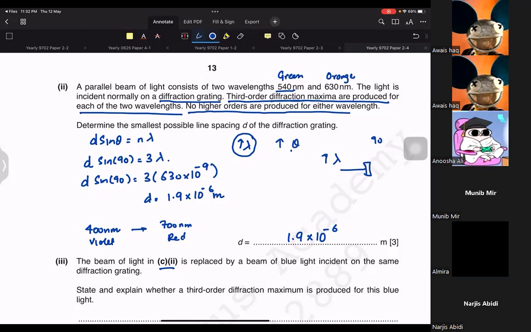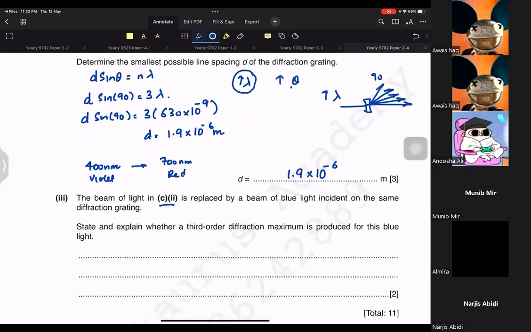Now, if blue light is there, blue is a shorter wavelength. If blue is shorter wavelength, then it would diffract less. Diffract less means that it will have more orders then, because it is short wavelength, right? So we are going to write this. The wavelength of blue is less than 540 nanometer, or 630, doesn't matter, whatever you write.